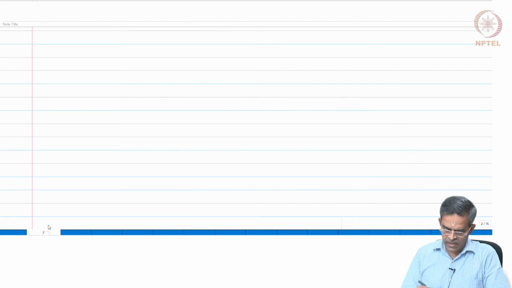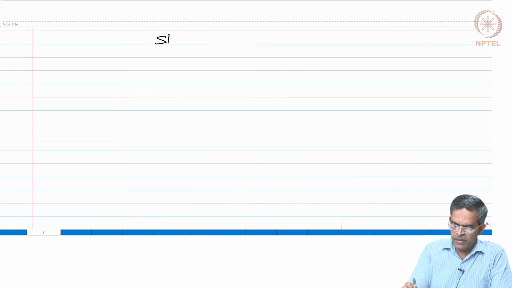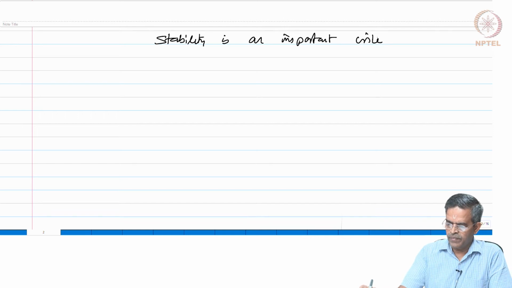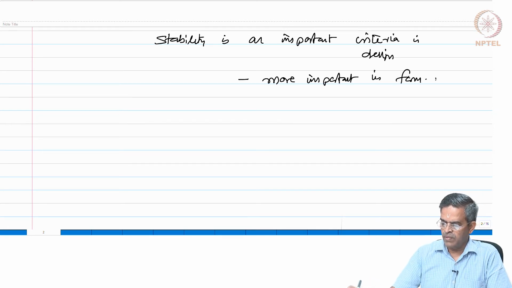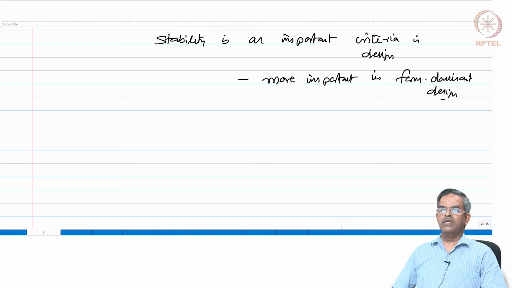So, we say here that stability is an important criteria in design. This is much more important in form dominant design. Let us put it this way. Okay, because there are challenges.